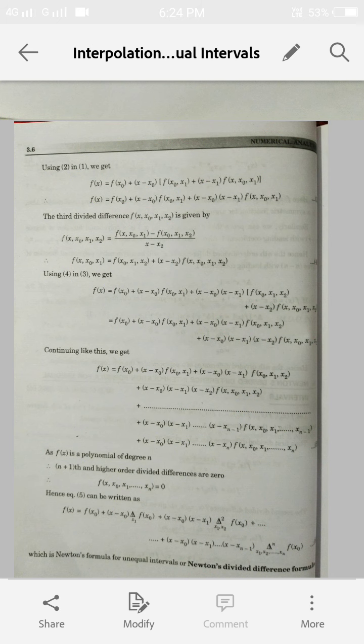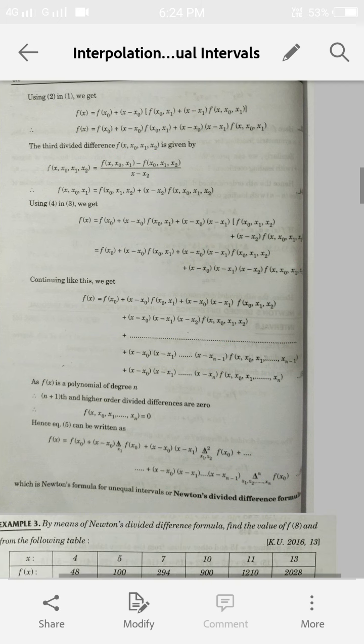So we find an expression, and continuing like this, we approach the value f of x will be equal to f of x0 plus x minus x0 into f of x0, x1 plus x minus x0 into x minus x1, f of x0, x1, x2 plus x minus x0 into x minus x1 into x minus x2 into f of x, x0, x1, x2, and continuing like this we find its nth term.